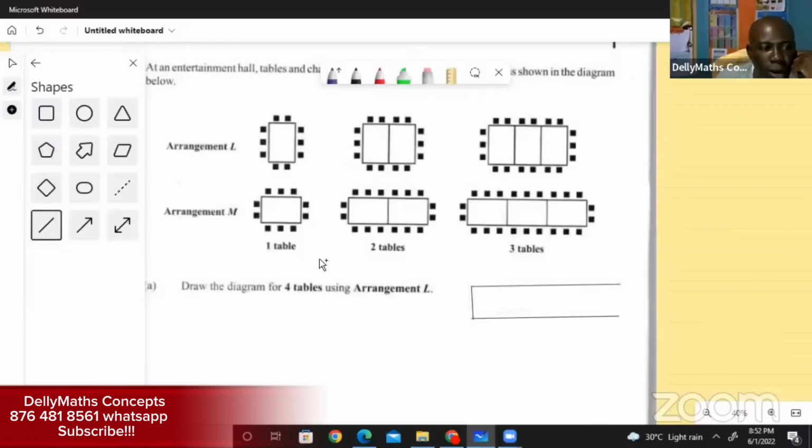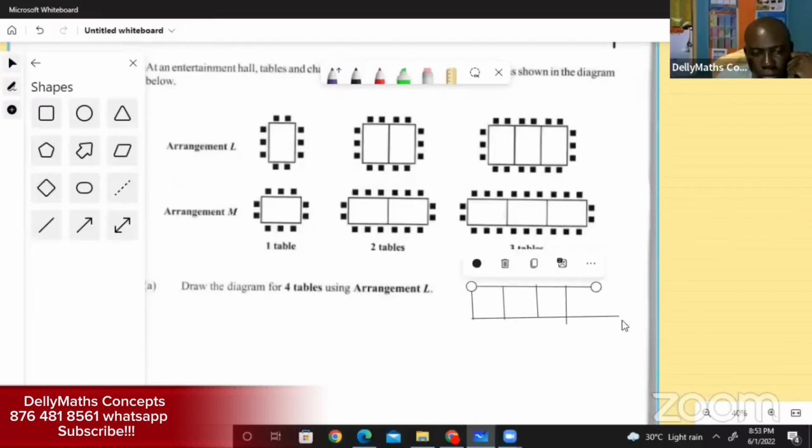So we're going to get 4 of that. 1, 2, 3. Don't watch the ugliness now. I'm just doing this quickie. All right, so you have about 4 like that.